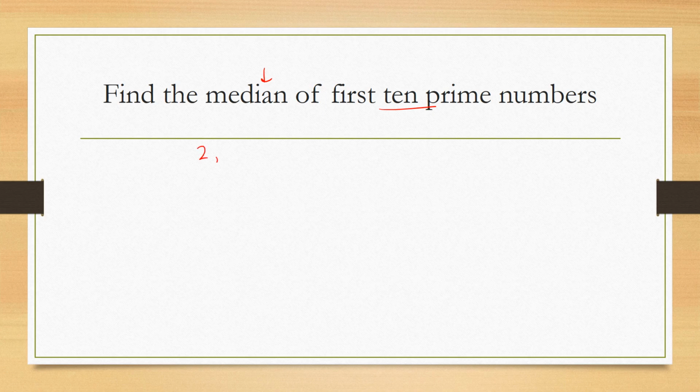So let's start with 2, 3, 5, 7, 11, 13, then 17, then 19, then 23. How many are they? 3, 4, 5, 6, 7, 8, 9. So after 23, 29. Yes. So these are 10.